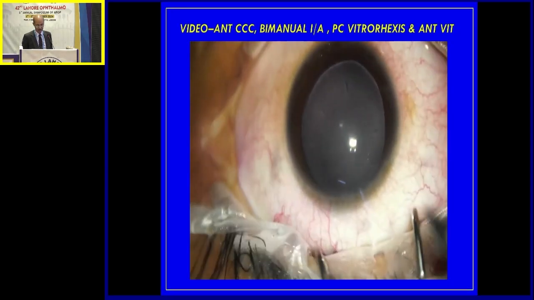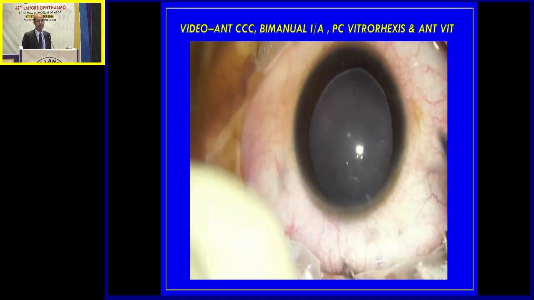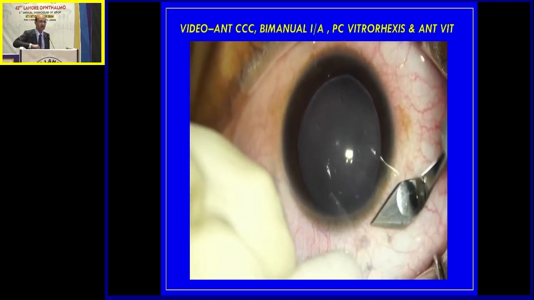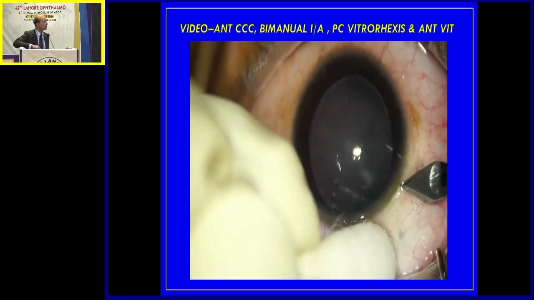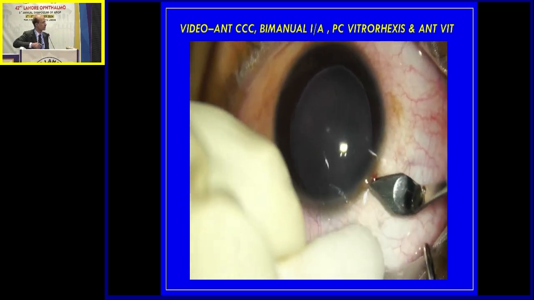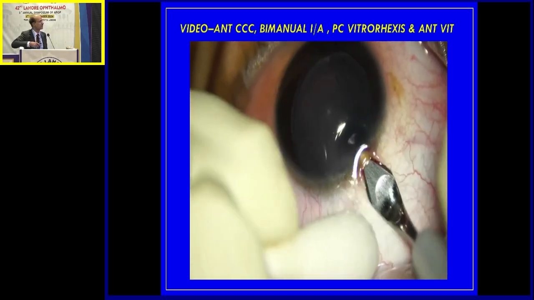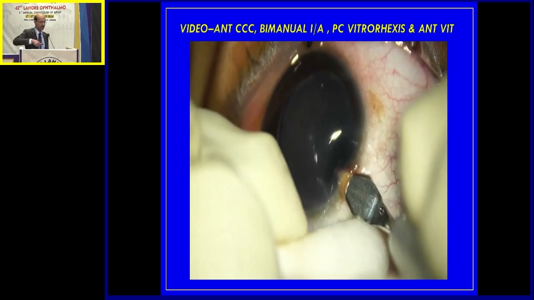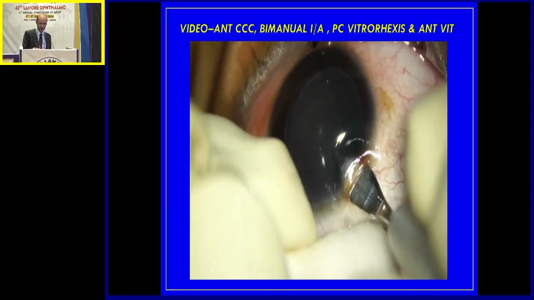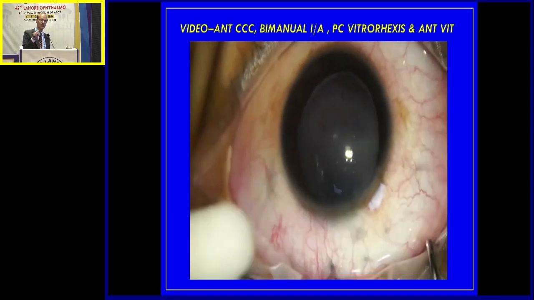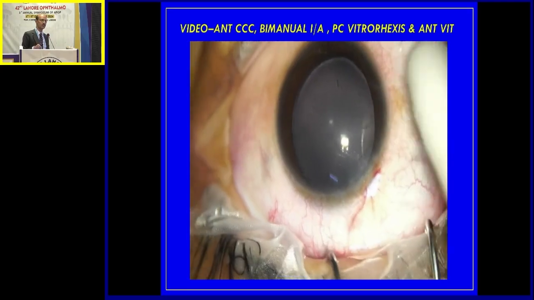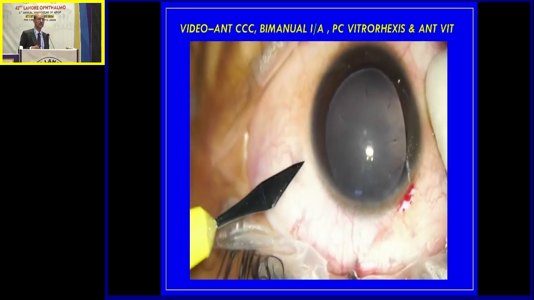This is another video. It is a bit different. Here the lens was placed first and the posterior capsulotomy was done later. The rest of the procedure is similar. See the first step, the second step, we use the dimple sign as we enter the anterior chamber. This dimple means that you are entering vertically and you have made the third step of the incision that will make itself filling.